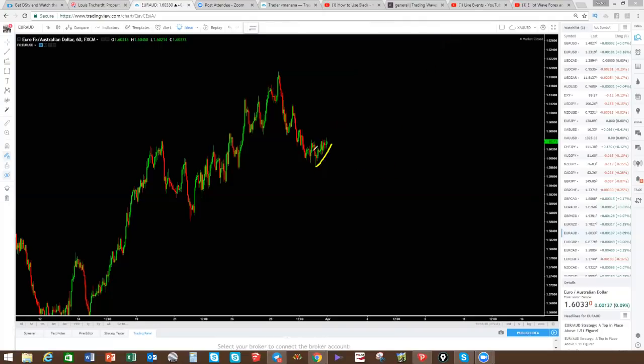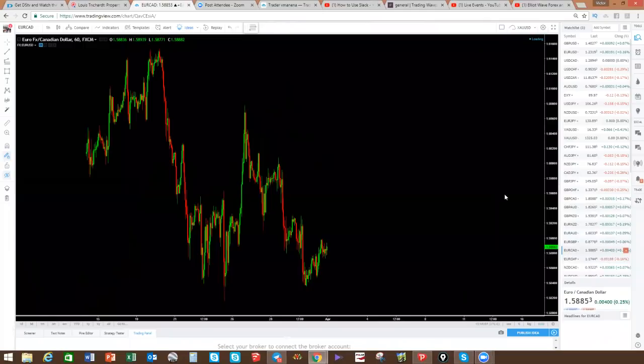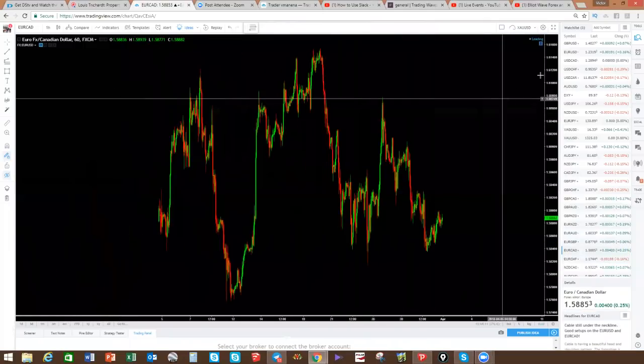Right now it looks like you can have one more down here before you get the 1, 2, 3 back up, and maybe even that. This may not happen. It can even go straight like that, and that would mean that this is all the correction that it needs. Okay, so I'll be waiting for a move to the upside on Euro AUD.